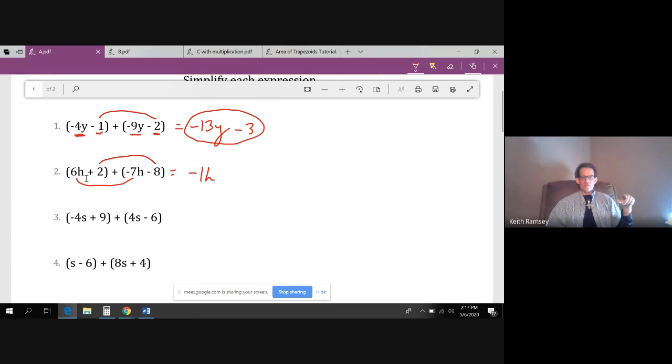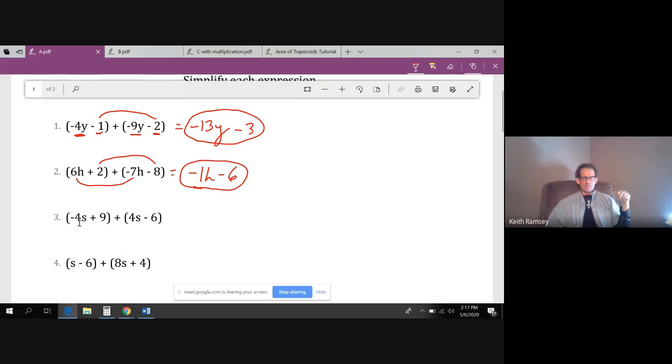Then if I simplify 2 plus negative 8, I'm going to get negative 6. And again, you can't simplify it any more than that because now these don't have like terms. The 6 doesn't have an h, so I can't do anything else with that. And that's a simplified equation for number 2.